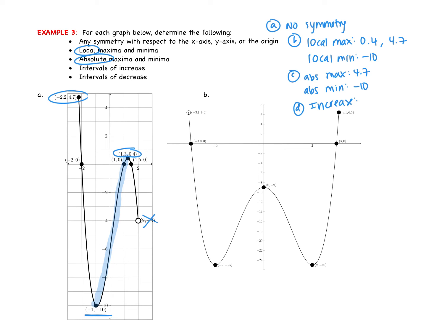We express increasing and decreasing in terms of x. So we start increasing when x is negative 1, all the way until x is 1.3. So our increase is from negative 1 to 1.3. And it will always be open brackets or open parentheses.